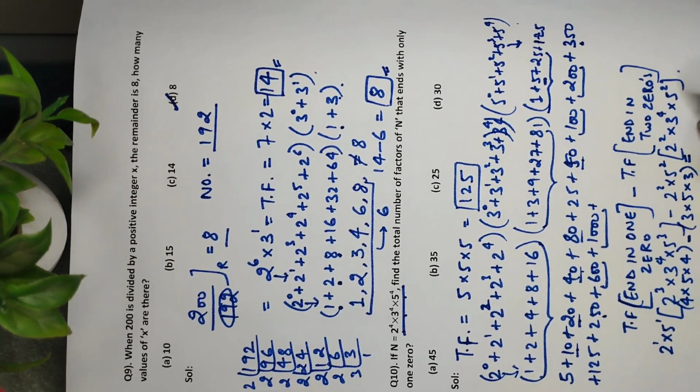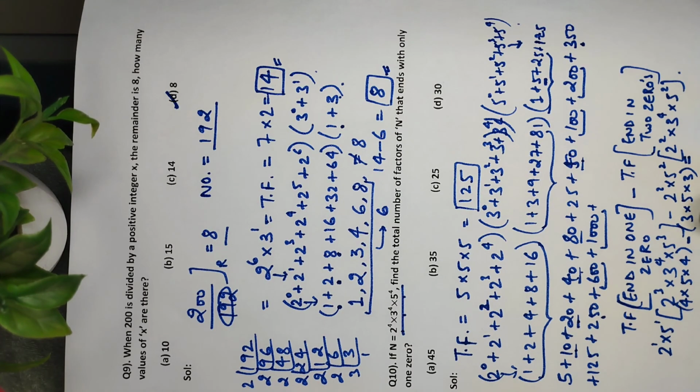So this will be equal to 4 4 16, 5 times is 80, minus 3 3 9, 5 times is 45, and then this will be equal to 35. So I can say overall there are 35 factors that only end in 1 zero.